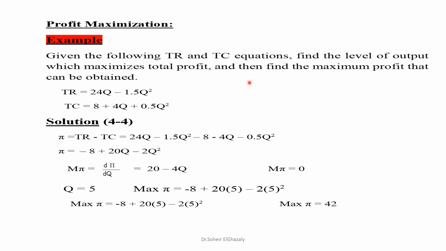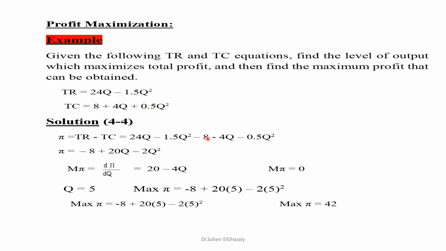First, we have to look at the equation. We have total revenue and we have total cost. As we learned in accounting, the profit equals total revenue minus total cost. Easy. Gonna take this minus this. When you put minus over here, you're gonna change all the signs.